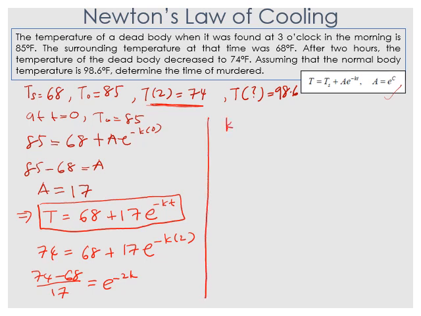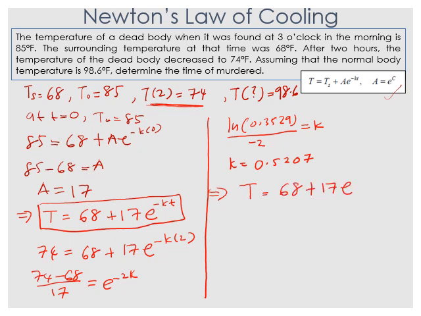K must be equal to 0.5207. So now your new equation is T equals 68 plus 17 exponent negative 0.5207 t.